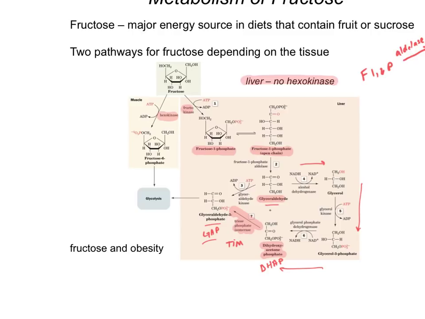This bypasses PFK. What's the problem with that? If we don't need ATP and you have fructose in your liver, does it care? No, right? It's still going to get through, produce lots and lots of ATP. What's the problem with that? So we're not turning off something that we don't need.